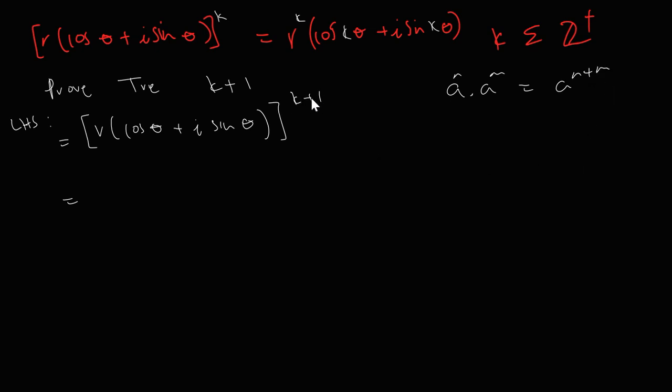If there is a plus, that means there were two things of the same base, r cos theta plus i sin theta.